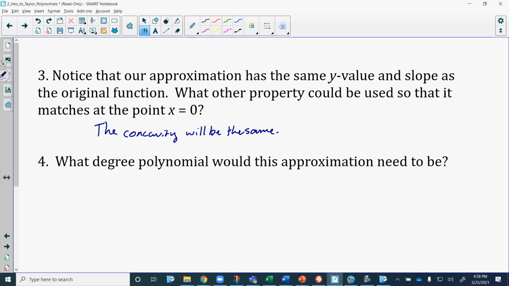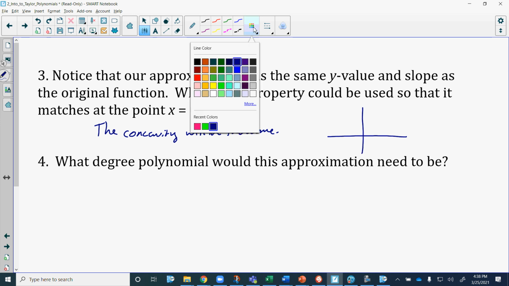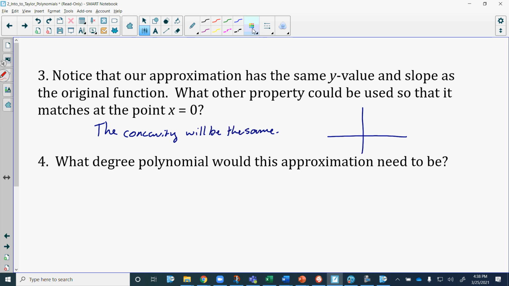Now, because we're looking at a cosine function, if we were just going to give a quick rough sketch of a cosine function, it's going to do one of these things here. A line is not going to demonstrate concavity in any way. So the next polynomial degree that we could look at that in any way is going to resemble the cosine function at 0 would have to be a quadratic.